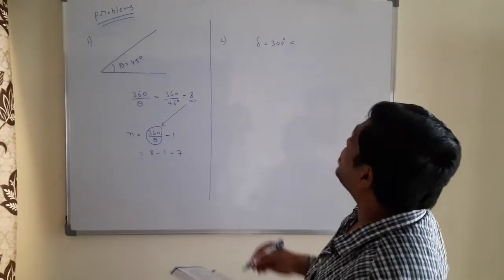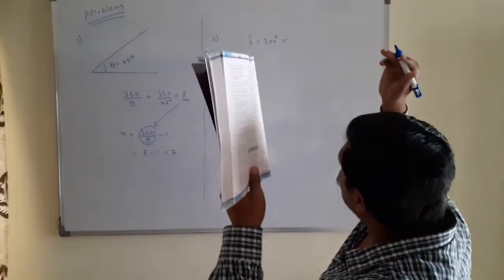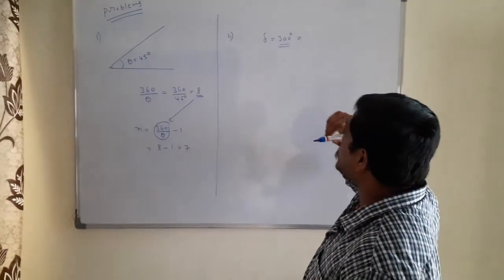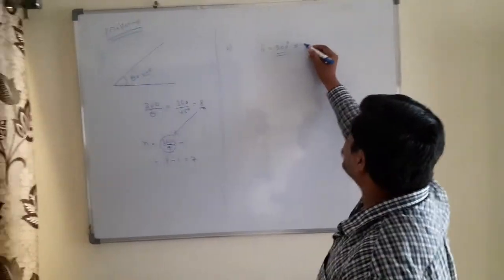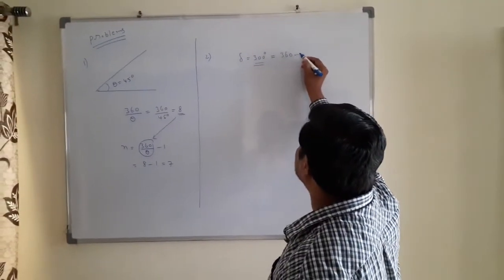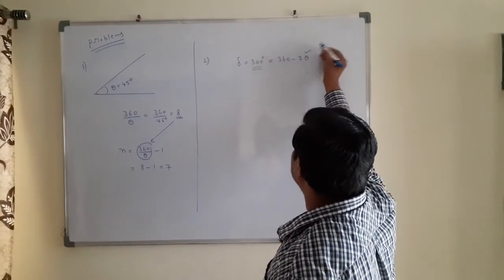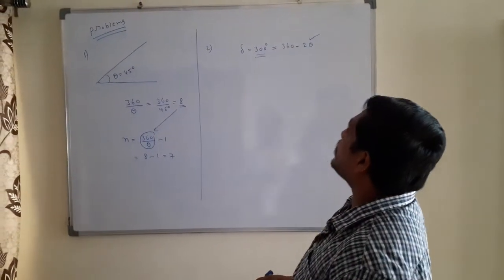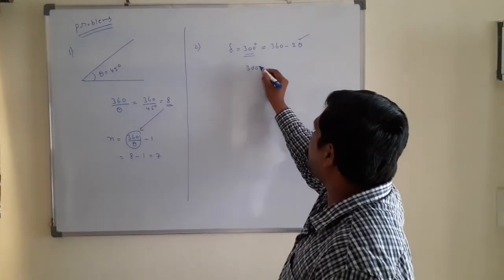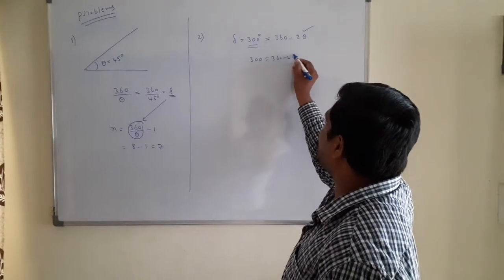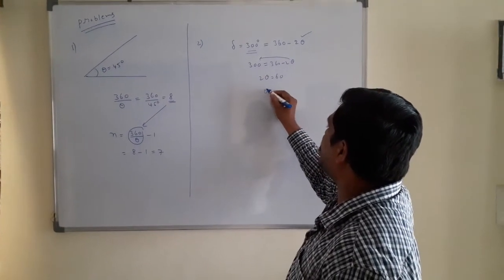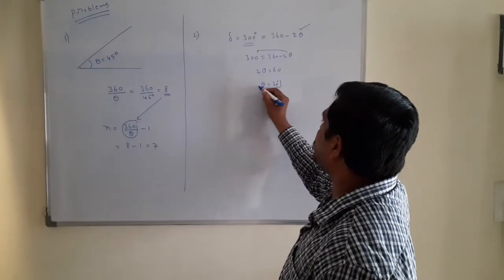The total deviation formula, as I discussed today, is 360 minus 2 theta, where theta is the angle between the two plane mirrors. So 300 equals 360 minus 2 theta. Here 2 theta is 60 and theta is 30 degrees.